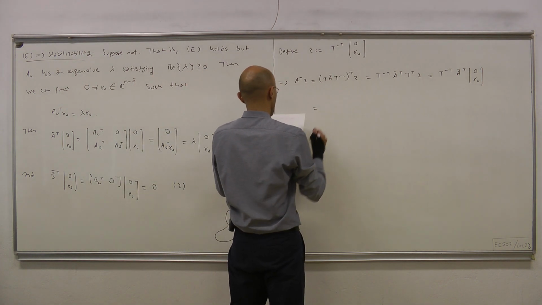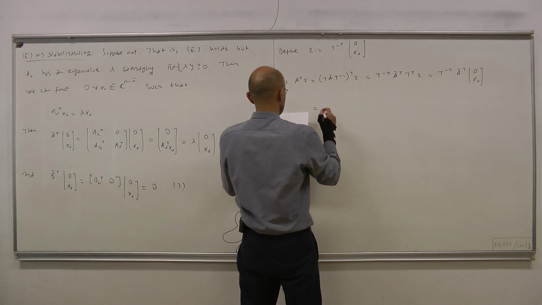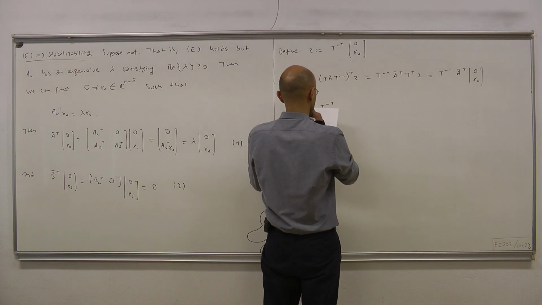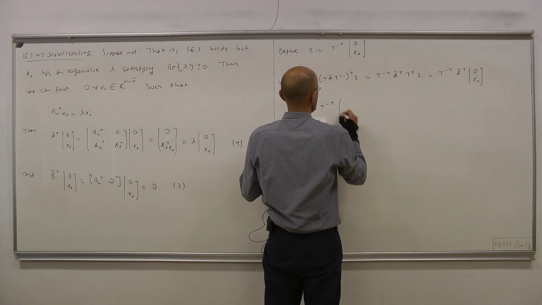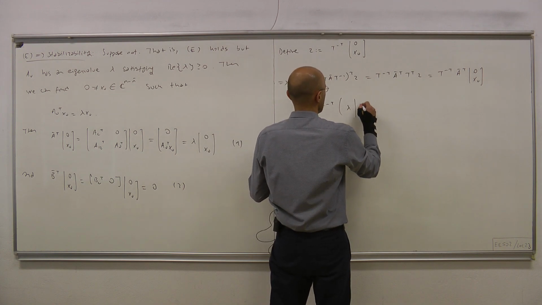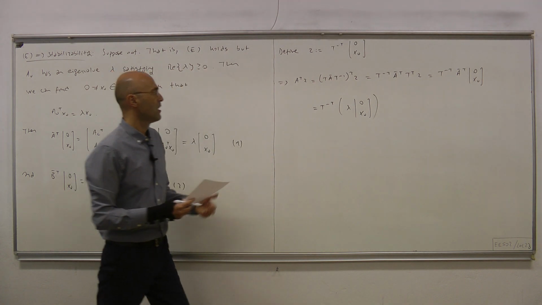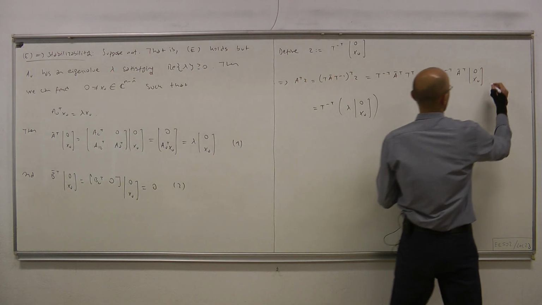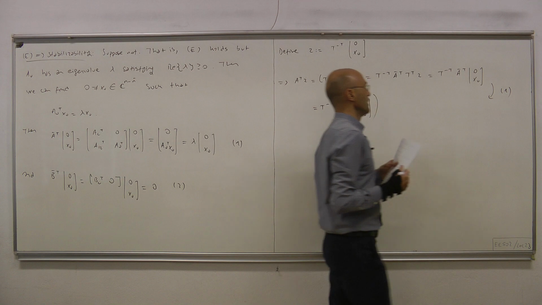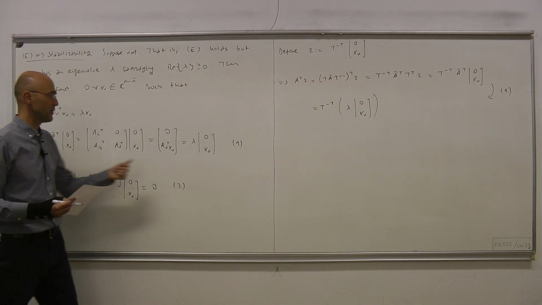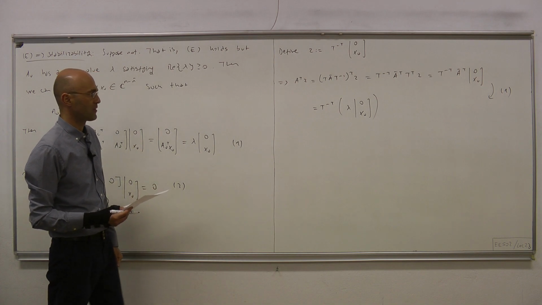Okay. So therefore that equals T inverse transpose times lambda [0; XU], where we used equation 1, which says that A bar transpose times this vector equals lambda times the same vector.